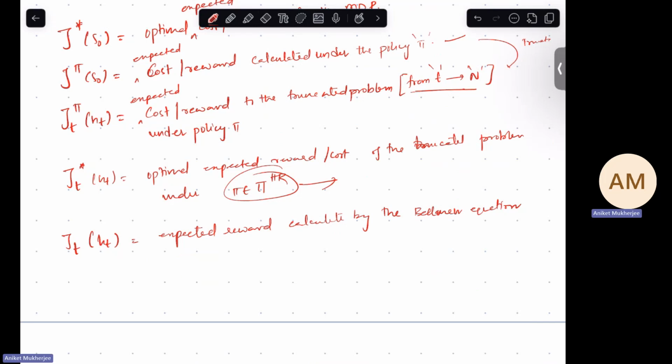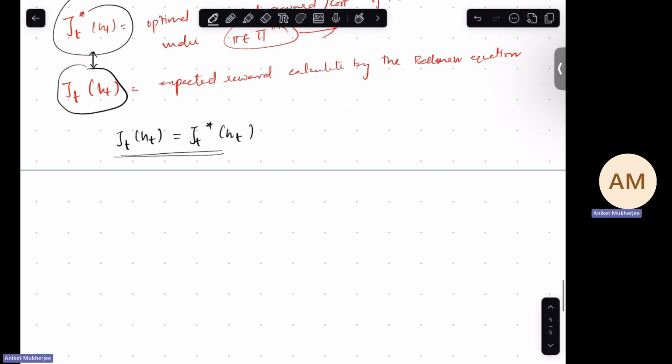Okay. So in the same way that we tried to show in the Markov dependent policies that these two are equal, same way here also we'll show, because it's the same proof again, you have to mathematically show by induction that JT HT equal to JT star HT, right? This we will not show, but we'll just state the theorem.